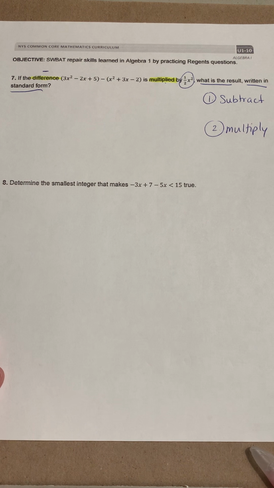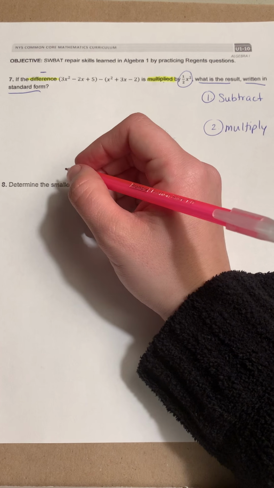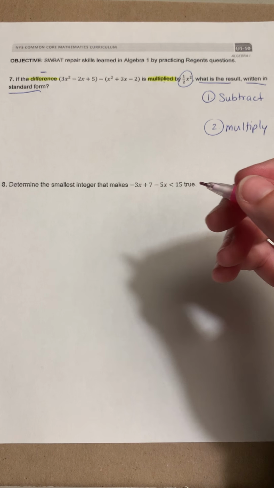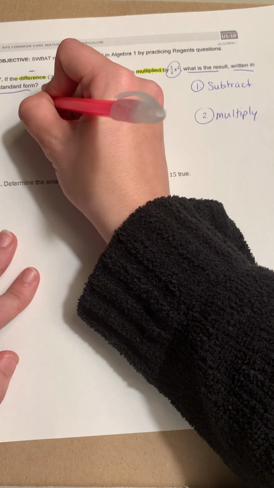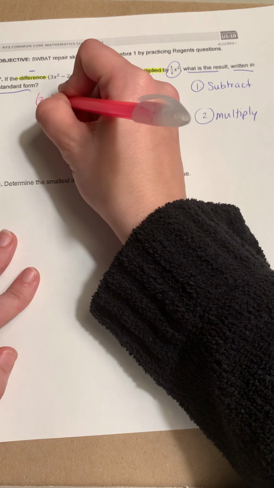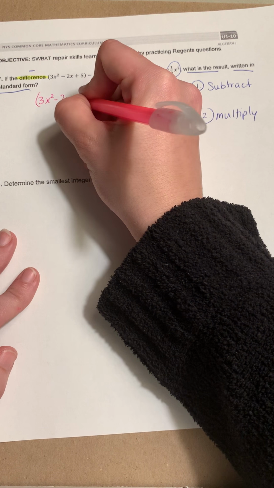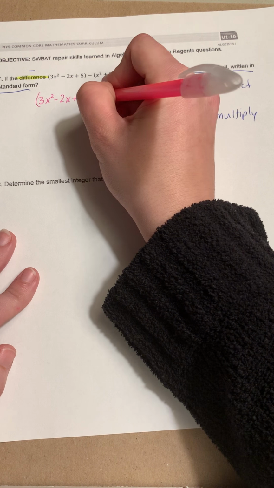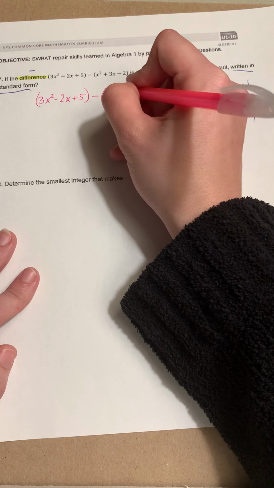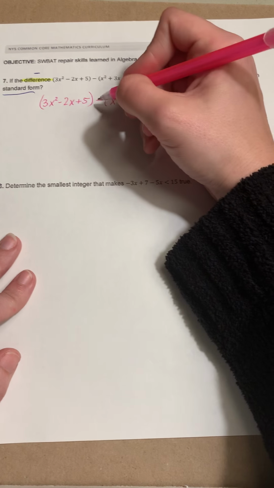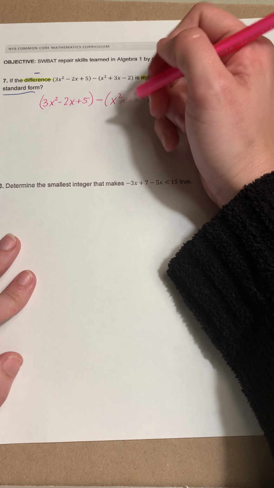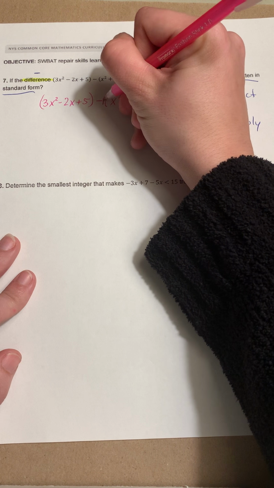Let's start off with the difference first. I'm going to write 3x squared minus 2x plus 5 in parentheses, minus, just rewriting it, x squared plus 3x minus 2. When I have this minus in between the 2 sets of parentheses, that really means there's a -1 there.